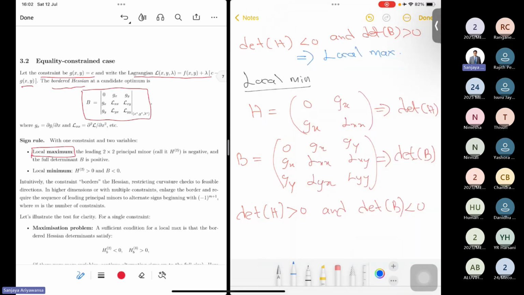Then we say we have a local minimum, and that's what I mentioned over here.